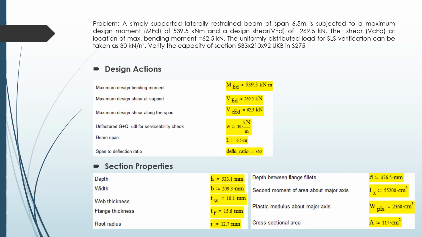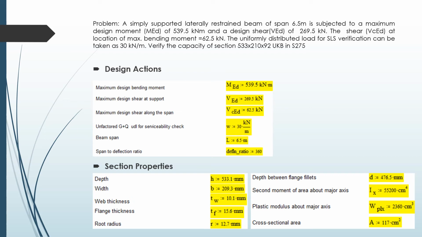So the sample problem is a simply supported laterally restrained beam of span 6.5 meters subjected to a maximum design moment MED of 539.5 kN meter and a design shear force VED of 269.5 kN.